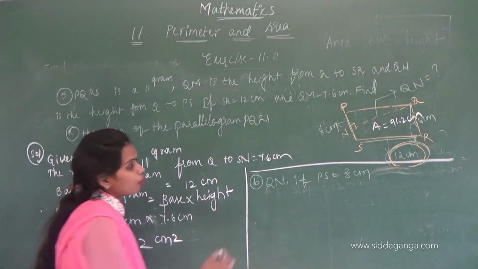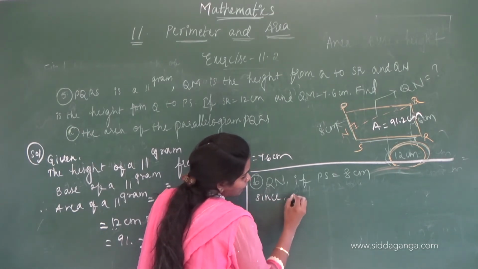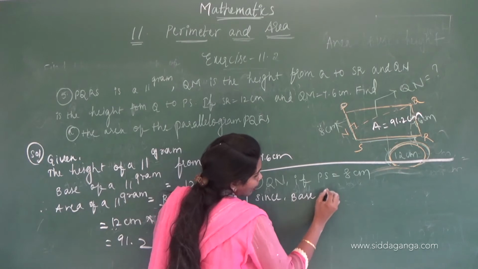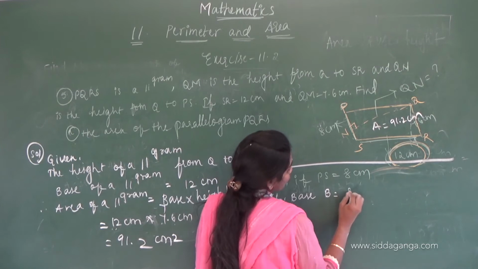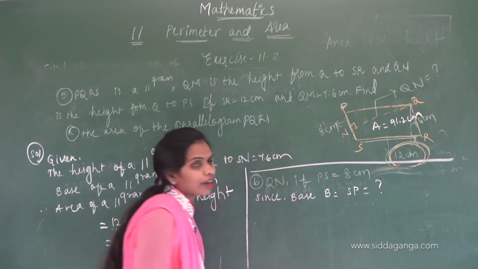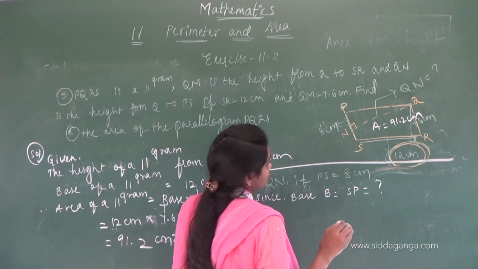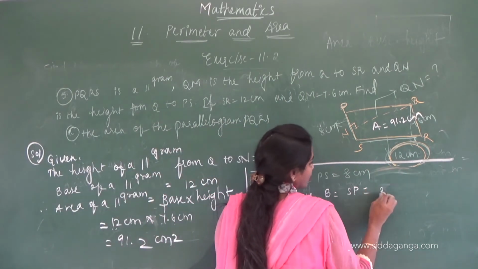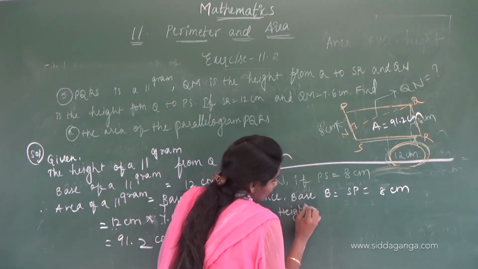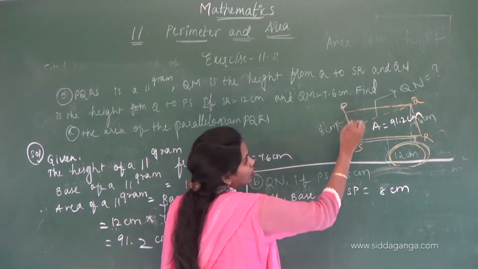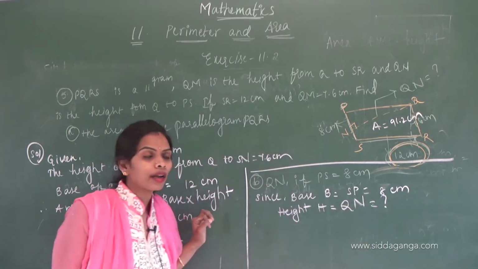Given the base, B equals SP, that is 8 centimeters. And height, H equals QN, that is equal to question mark, that only we have to find, correct children?